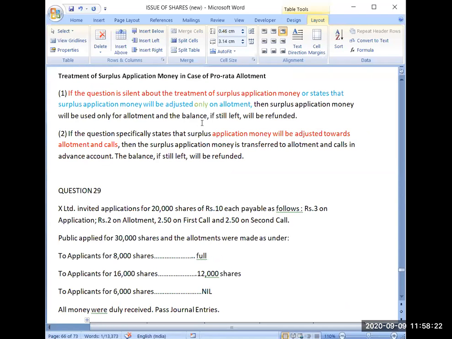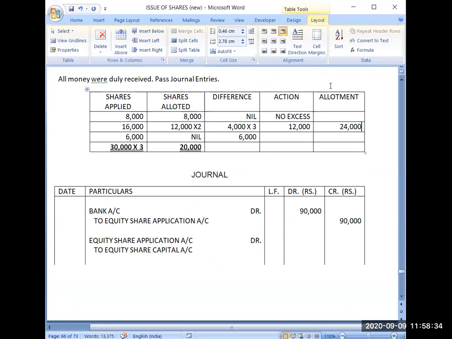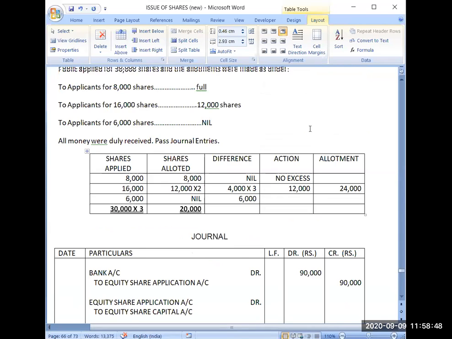Allotment money is rupees 2, multiplied by 2. So I need 24,000. It means that I need 24,000 on allotment, but I have only 12,000 extra with me to transfer on allotment. Now further see the question.